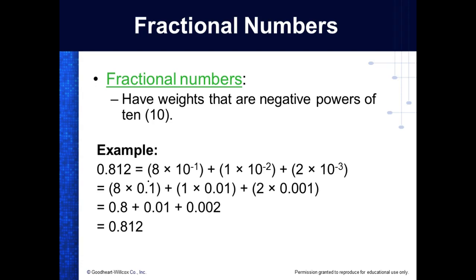Then we'd write down the decimal equivalent of this, multiply it out, and then you add them together, and this right here will give us a number. Now you say, why are we doing that? We're starting off with 0.812 and we're ending up with 0.812. What we're going to do is see how this will work going from other bases besides decimal.